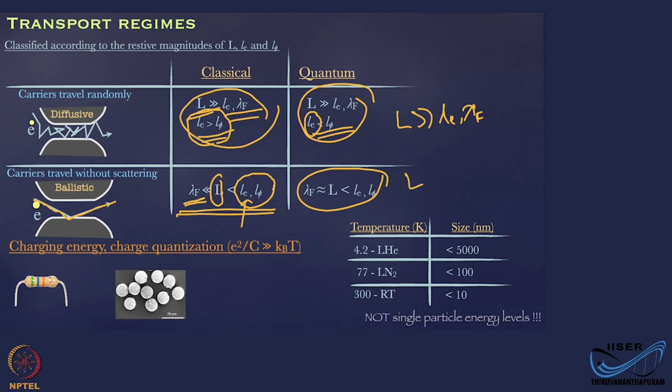What that means is the length of the system, or the dimension of the system, is less than the collision length, and also the phase preserving length or phase relaxation length. That means the phase of the electron is also preserved as it goes through the system. Okay. Now we have four regimes of transport, and there's one more thing that we need to discuss.